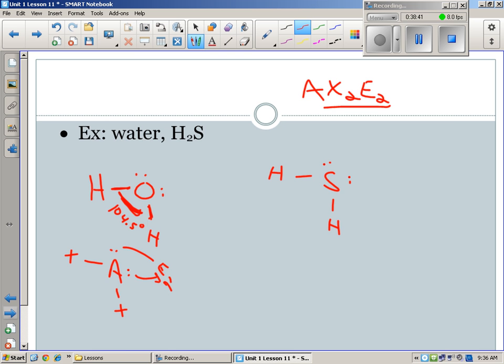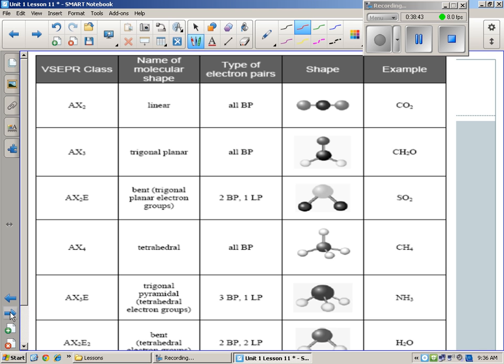Now, you got some other stuff here. You got this little chart that I made for you, but listen, some of this stuff is probably a little bit extra. As far as the shape goes here, they just give you an idea of what the shape would look like. I wouldn't focus too much on that shape, all right? AX2 is linear.